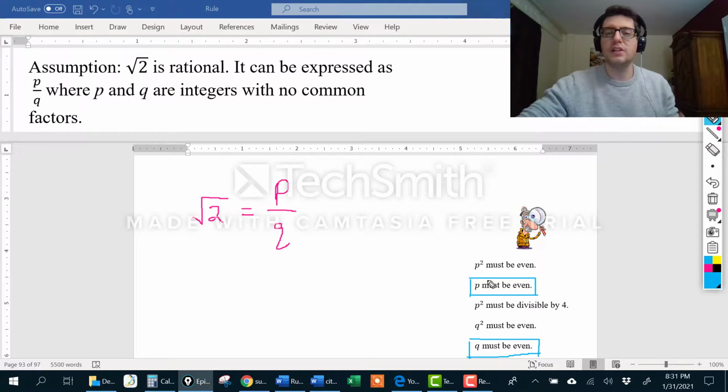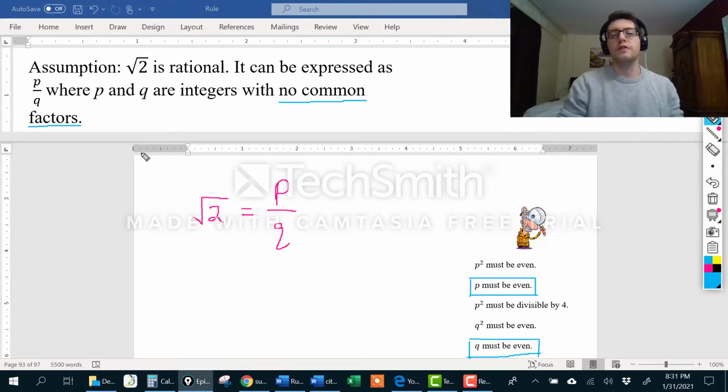But wait a minute, if p is even and q is even, then both of these numbers have a factor of 2. That's what it means to be an even number, that you're divisible by 2, or you have a factor of 2. But they were not supposed to have any common factors.